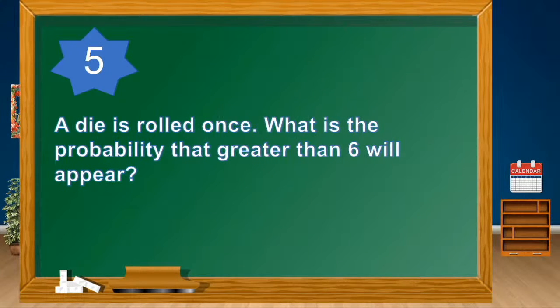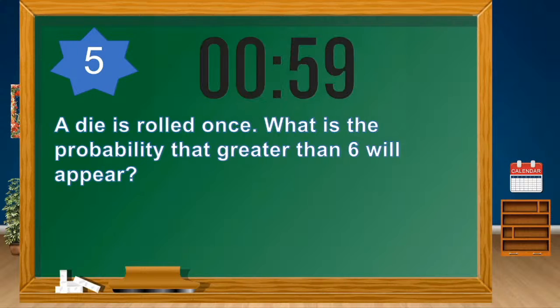Number 5. A die is rolled once. What is the probability that a number greater than 6 will appear?